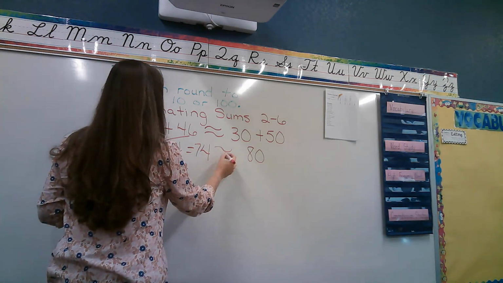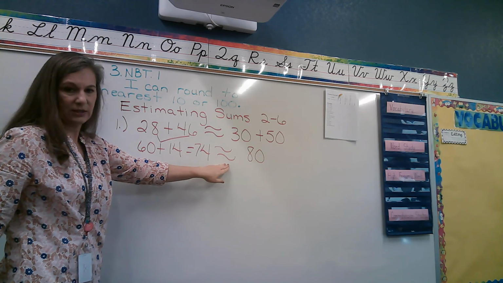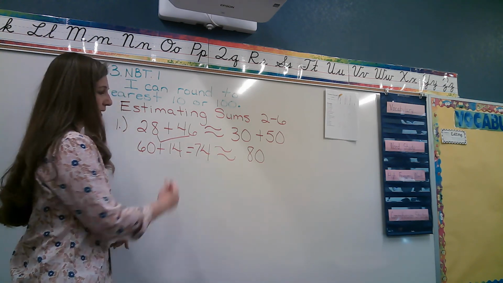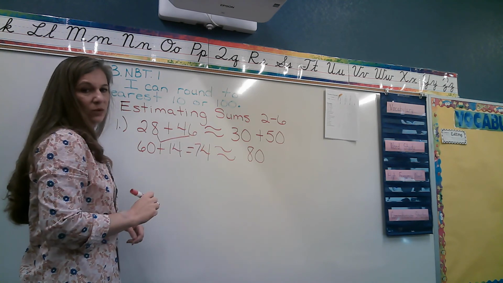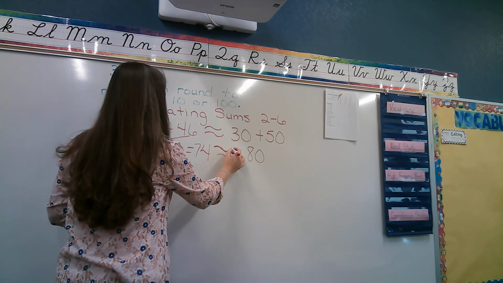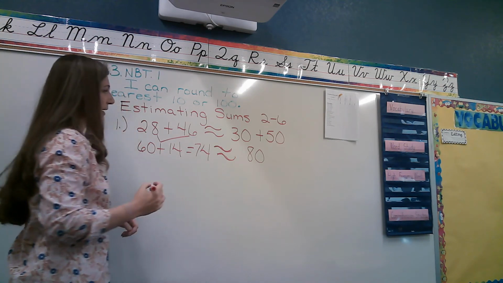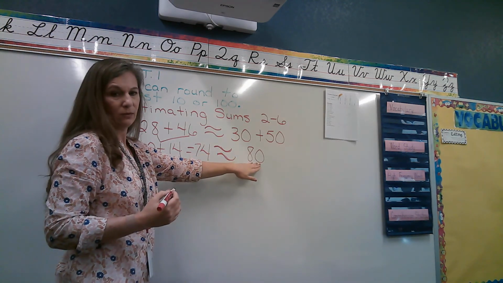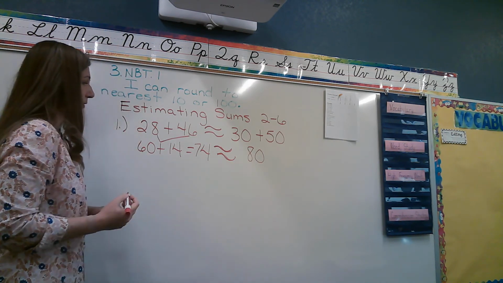So when we look at the estimate, this little symbol means about or approximately. It looks like a little wavy equal symbol. This is our about symbol or our estimate symbol. So 74 is about 80.